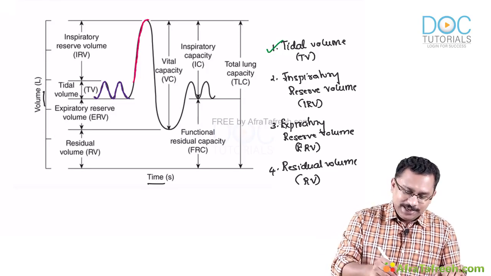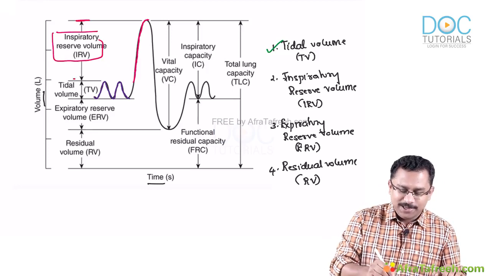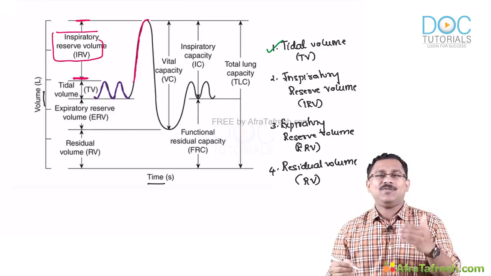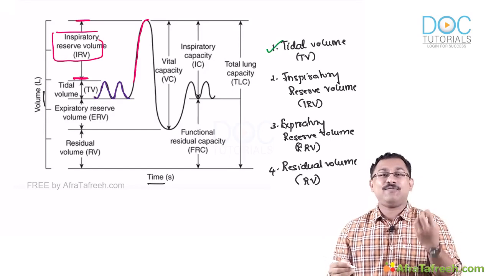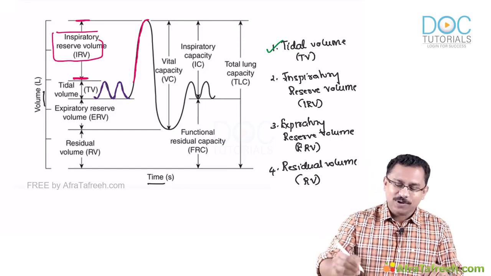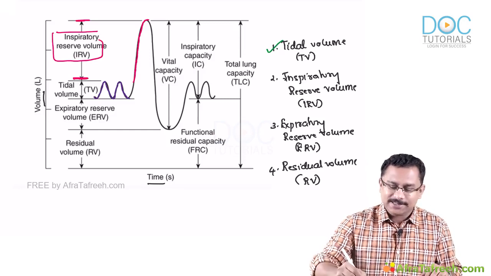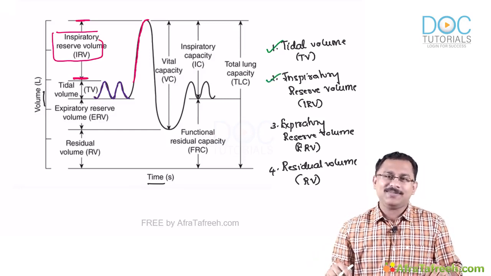You see here, this is your inspiratory reserve volume, from here to here, which means beyond the tidal volume, what amount of air can be breathed in with a forceful inspiration. That is what you call an inspiratory reserve volume, IRV.